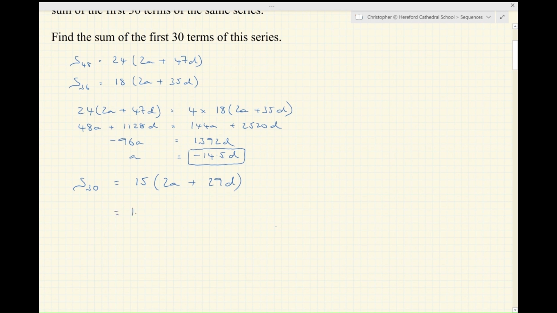We're going to have 15 multiplied by 2 times minus 14.5d plus 29d. Let's continue to simplify that. That's 15 times minus 29d plus 29d. Well, that's 15 times 0. So the sum of the first 30 terms is 0.